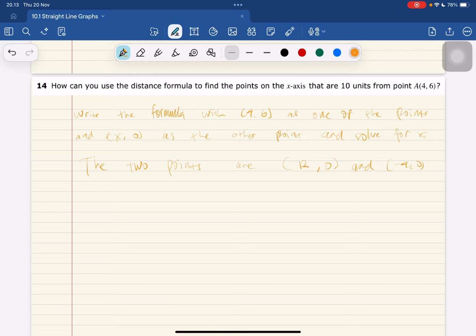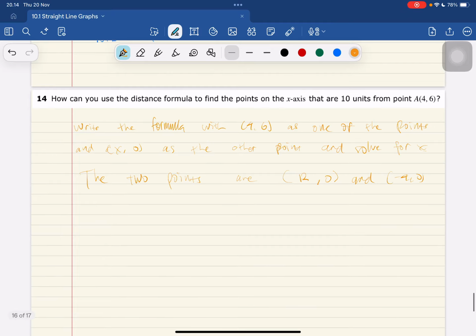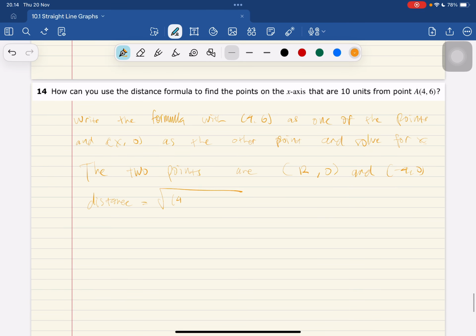Okay, we can try this way. The distance is equal to the square root of (4 minus x) squared plus (6 minus 0) squared, so 6 squared. The distance is 10. So we have 4 minus x squared plus 36.